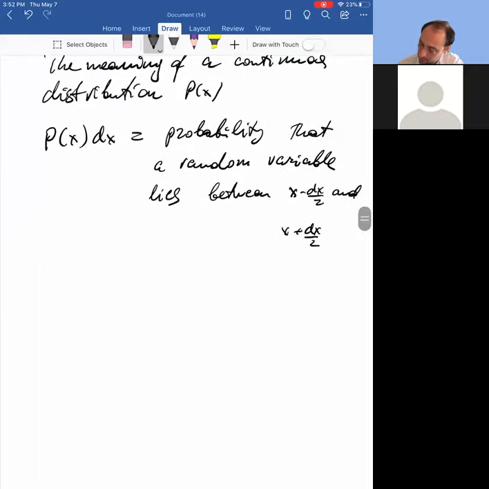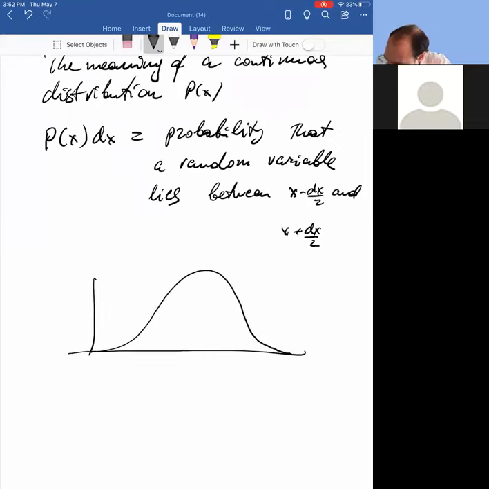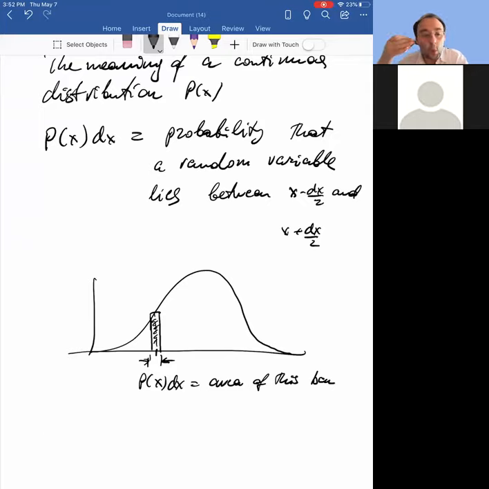So I have a distribution, and here's a value of x, and the area here, P of x dx, equals the area of this bar, is the probability that the dart landed within this region. That's the meaning of continuous probability distributions. Okay, that's just what it means.